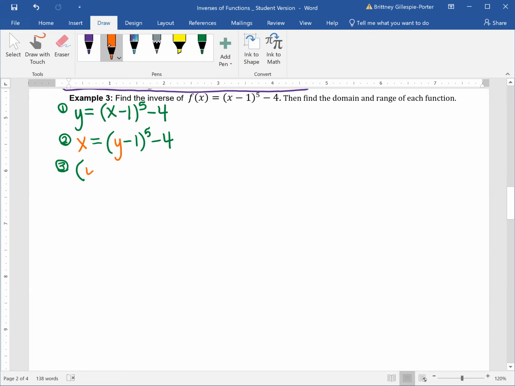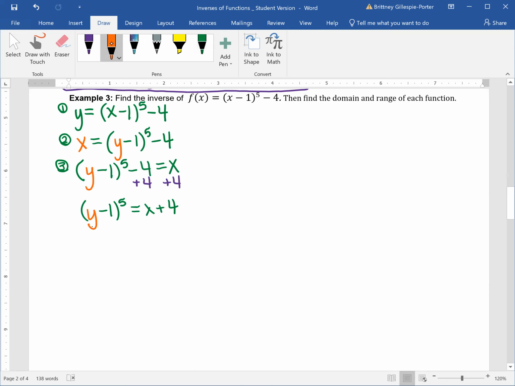I'm going to rewrite this with y on the left-hand side because that's what we're solving for. And I'm going to put my x on the other. I left y in orange, that way we remember what we're solving. Start by moving the 4 to the other side. We have (y minus 1) to the 5th is equal to x plus 4.